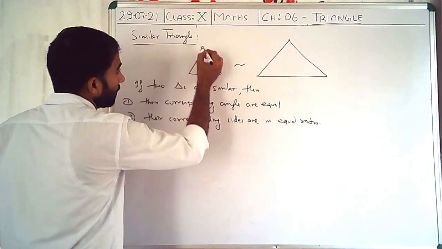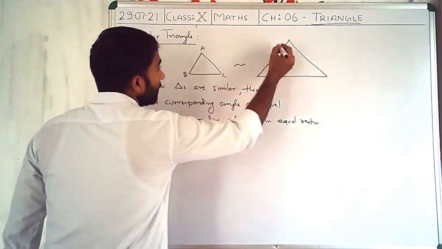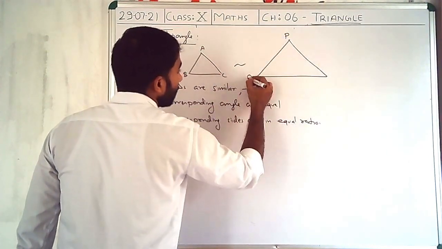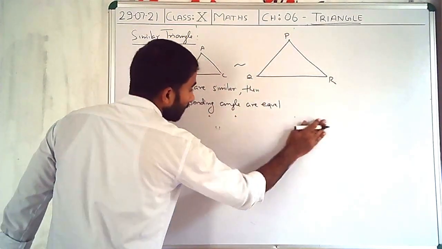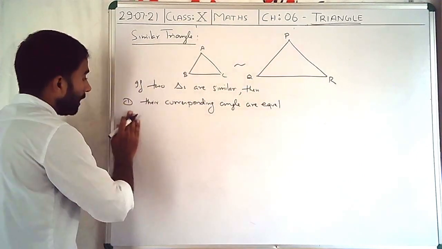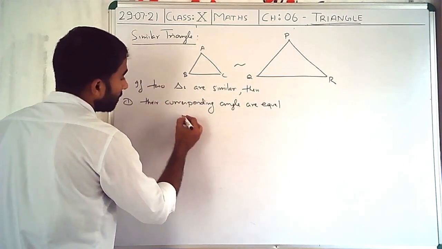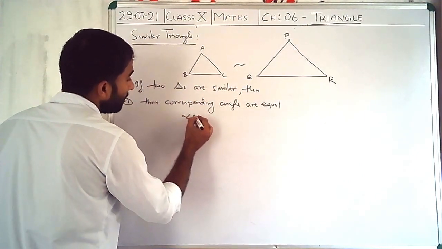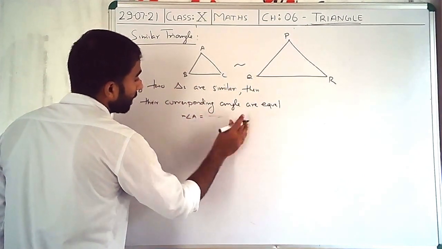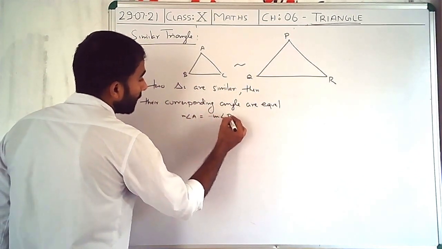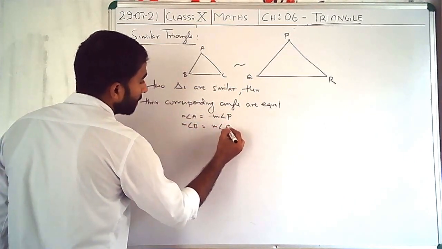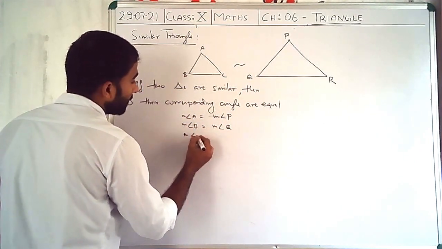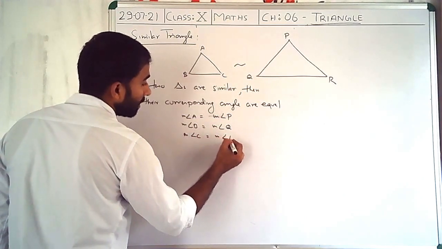Suppose you give the names ABC, PQR, then for the first statement you may write in mathematical condition: measure of angle A is equal to measure of angle P, measure of angle B is equal to measure of angle Q, measure of angle C is equal to measure of angle R.